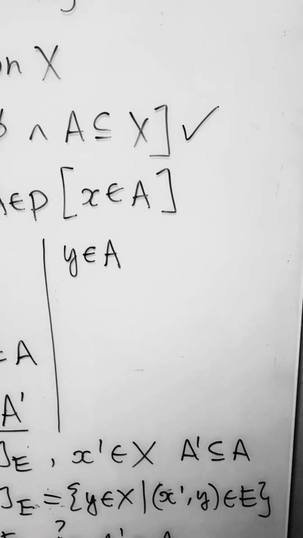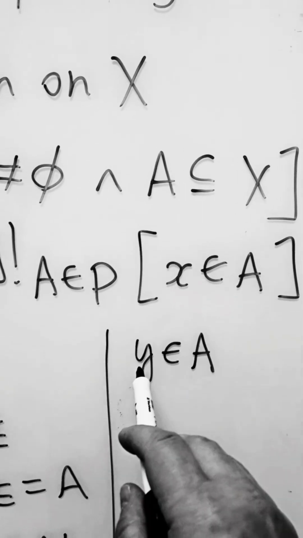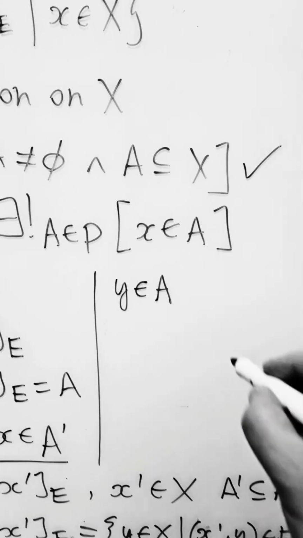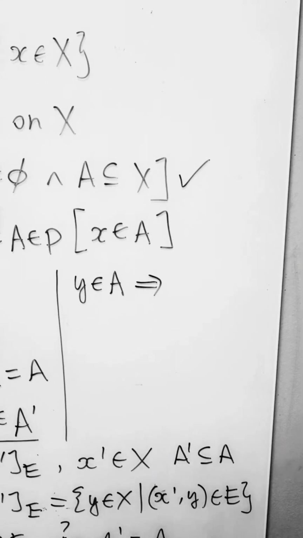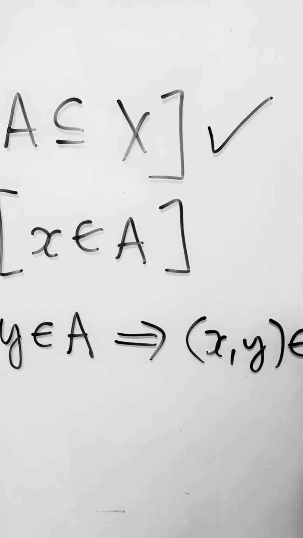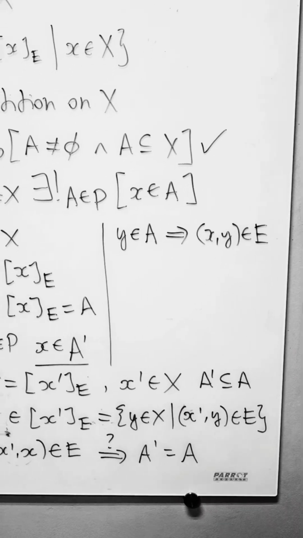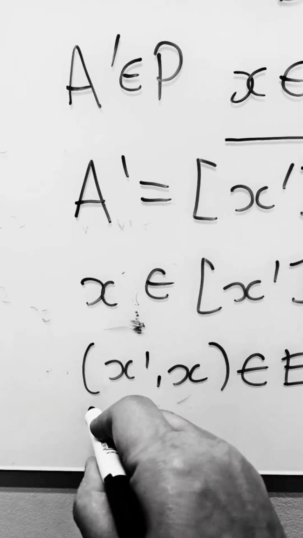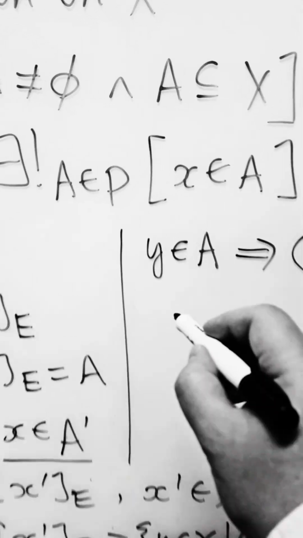To show that A is a subset of A prime, we follow a similar strategy. We pick a random element Y in A. Because A is the equivalence class of X, Y being in A implies that the pair xy is in E. At the same time, we also have that x prime x is in E. Let's write that down.